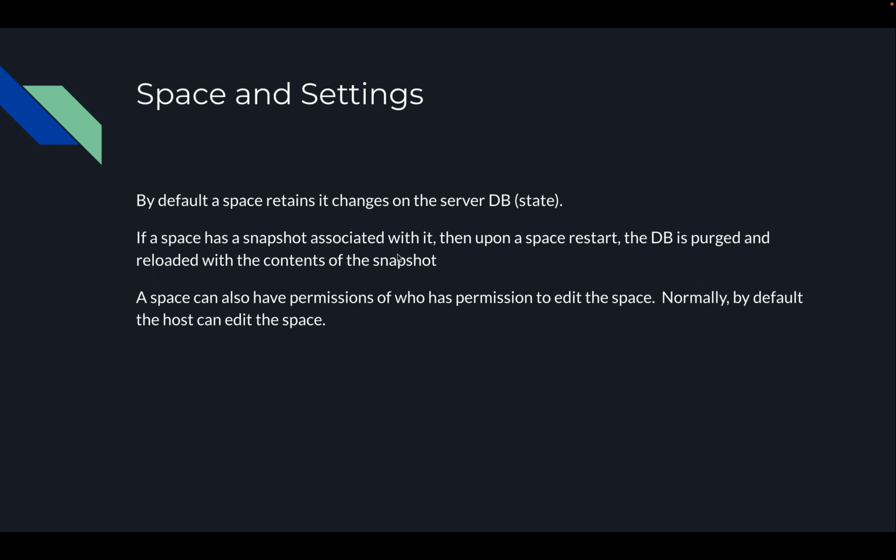If a space has a snapshot associated with it, then every time a space restarts, because states are based on ephemeral memory, when you visit a URL, if a server isn't running, it will pop up and either load the database that it had, or if it has a snapshot, it will first load up that snapshot, purge the database, and load the database with that snapshot, so that essentially every time we restart the gen server, you get a clean state starting from the snapshot.